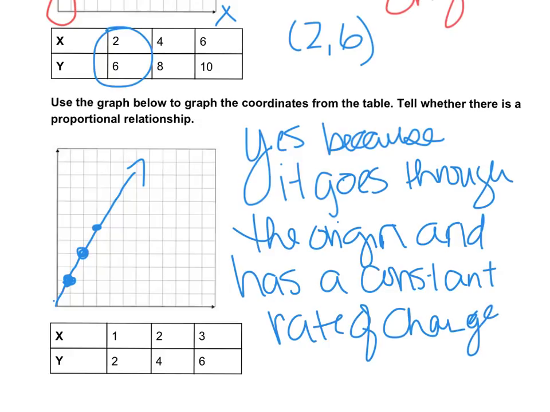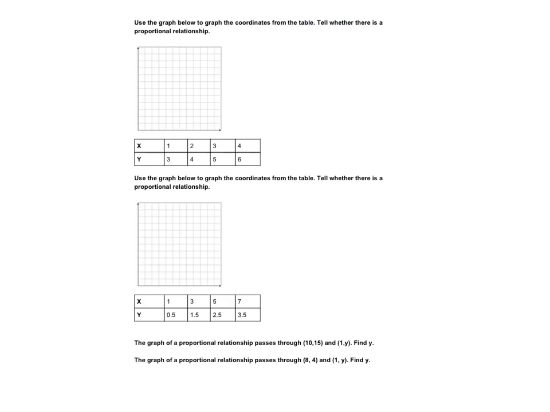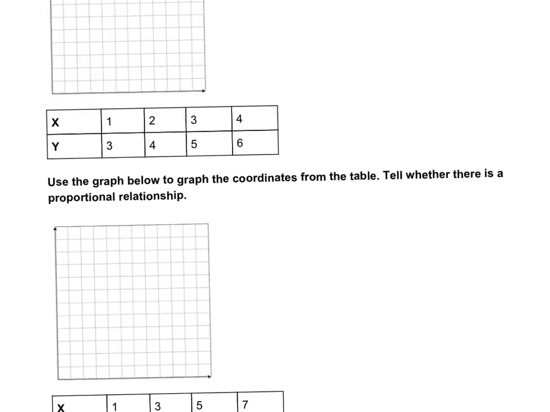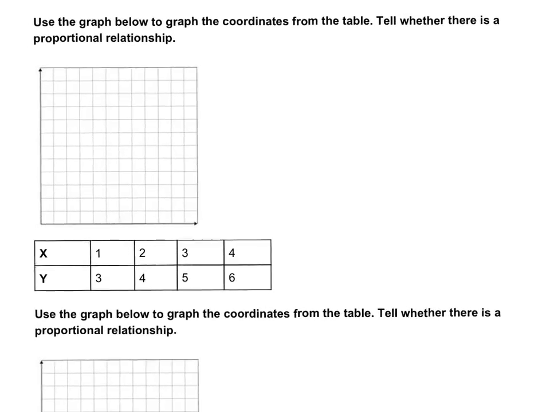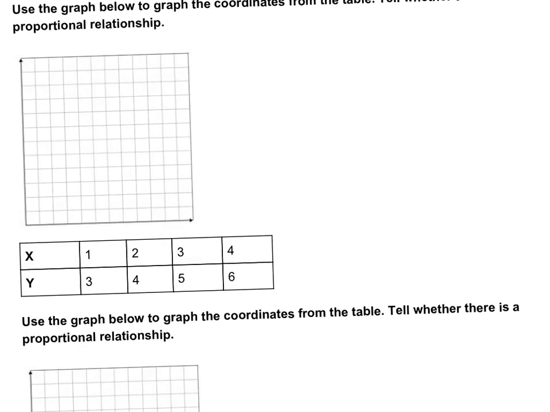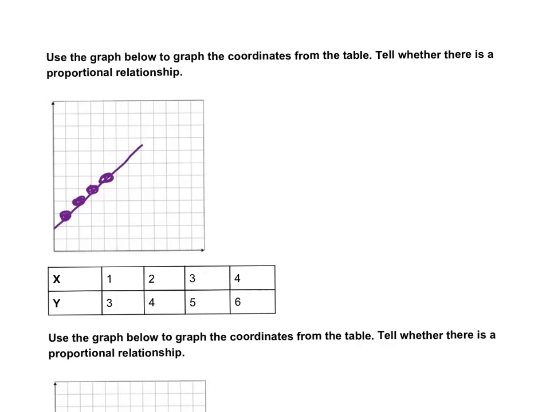Okay. Let's go ahead and go to the next page. Okay. Now we'll look at the next problem. Go ahead and graph it, and then look and see whether you believe it's proportional or not. Okay, so there's the graph, and as long as your graph matches mine, we should be fine.